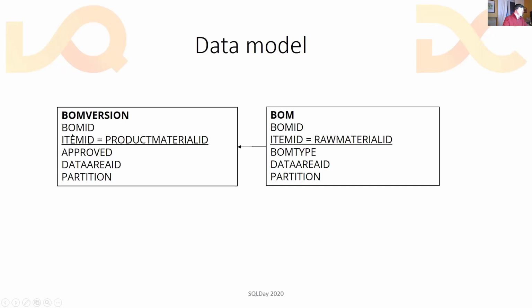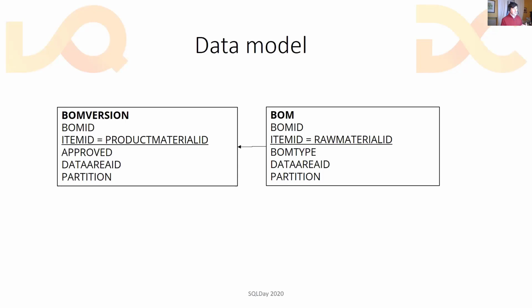This relationship, BOM ID and item ID in this table, is one-to-one. This one is the finished product material ID. Here, I have the list of all the items that are used inside the BOM. And so I have the list of the raw materials.